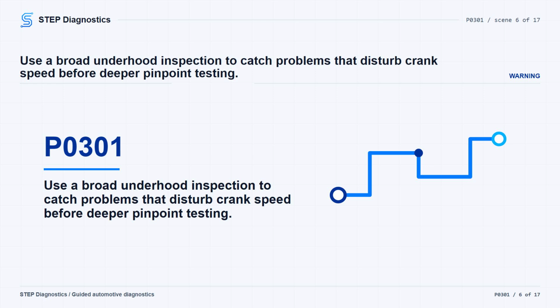Anything that changes crankshaft speed can make this code set, and a misfire may not always be caused by a failed part. If you find a real problem here, correct it and verify the repair before moving deeper.